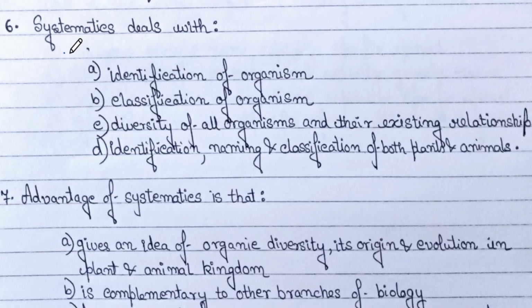Now, while teaching systematics, I told you that one of the very important core values of systematics is relationship, relationship, relationship. In whatever statements you get as options, only one has this word relationship, and it is the correct answer: diversity of all organisms and their existing relationship.